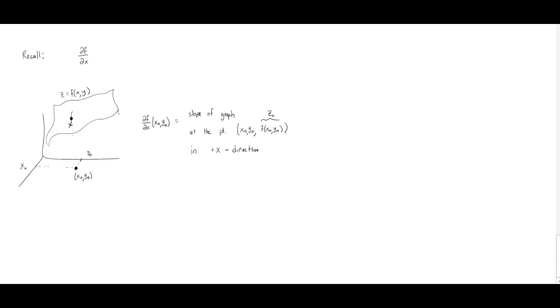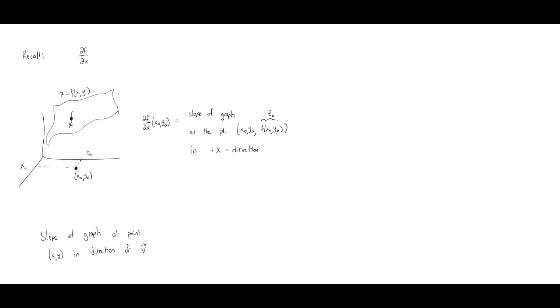Okay, so I want to talk about the slope if I were to move in another direction now. Okay? So let's say I want to find the slope of the graph at a certain point in the direction of some other vector. Okay? So not necessarily in the positive x or positive y, but just in the direction of some other vector.